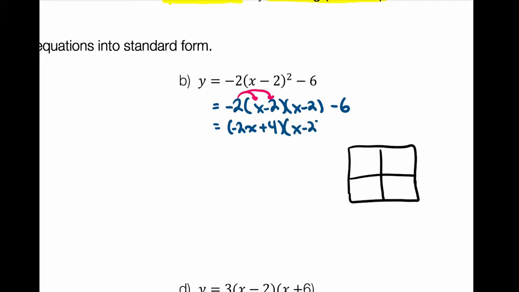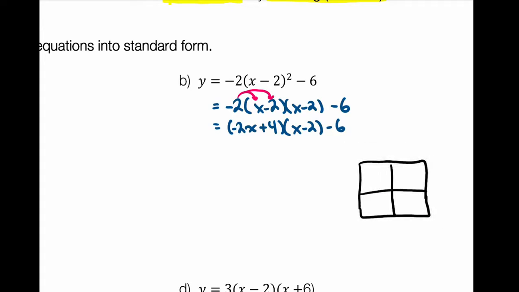Then x minus 2 is my second bracket, and I'll still carry in the minus 6. Now we just have two brackets, so I can use the box method now. Negative 2x and 4 is in one bracket, x and minus 2 is in another bracket. I'm going to worry about the minus 6 after.